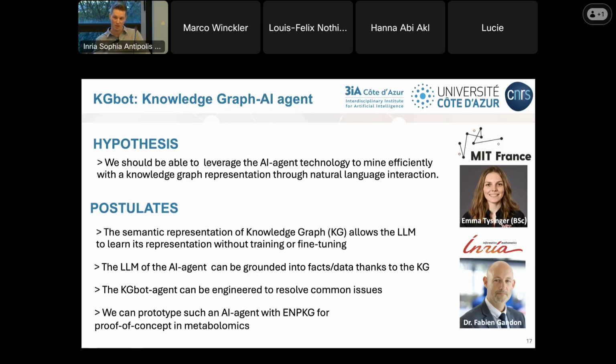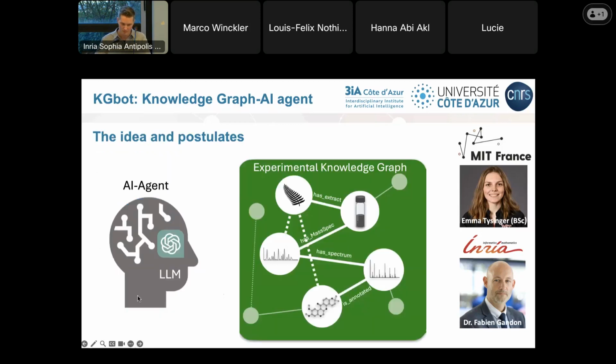It might just recover the information and ground it. And since we can engineer it, we can use experts' knowledge to make sure that some challenging tasks will be resolved with proper instructions. And so we tried to prototype this.